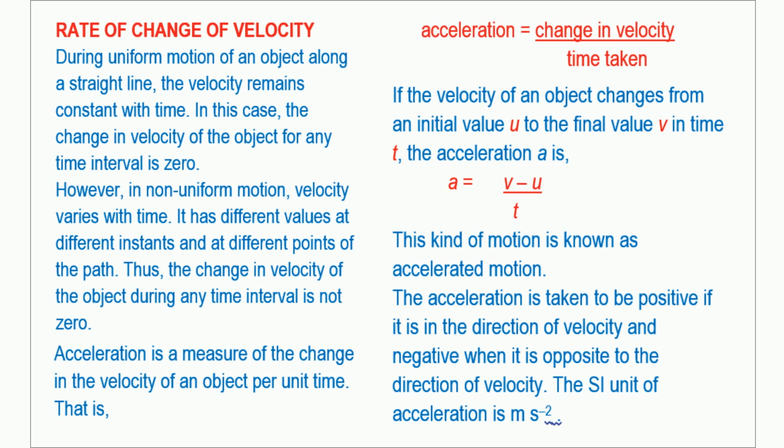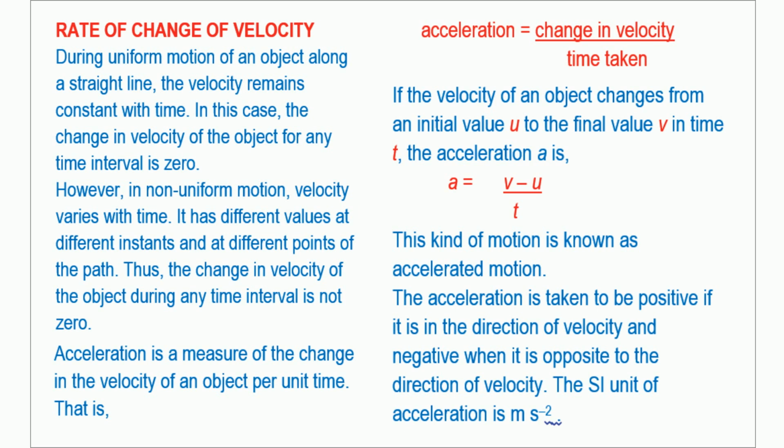So acceleration is related to the change of velocity. Now you know that in physics the most important thing is time. Everything depends on time, just like in our life, how valuable time is. Like that in physics also, it is very important.